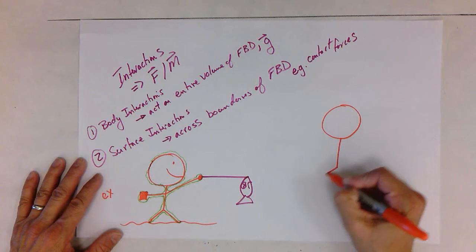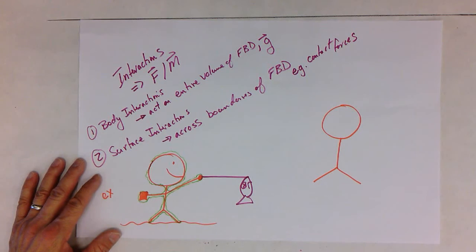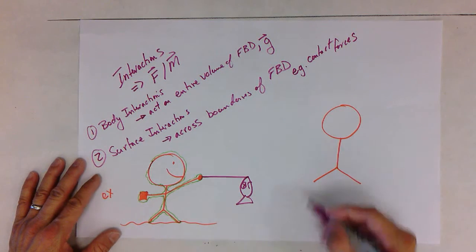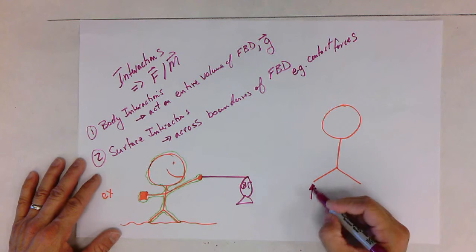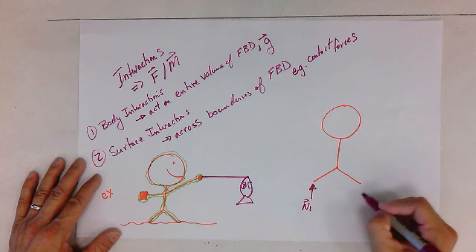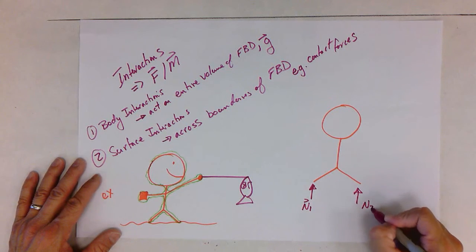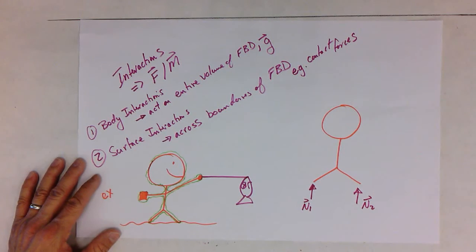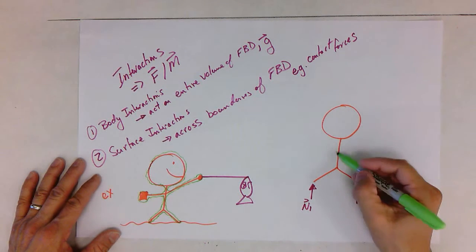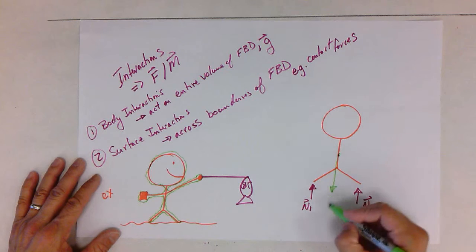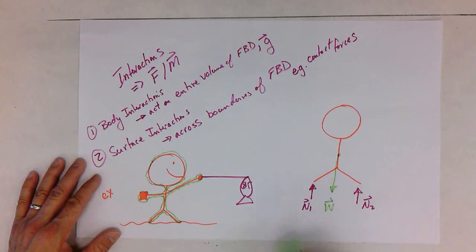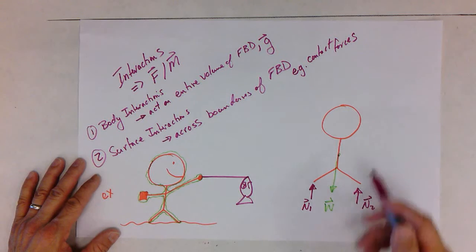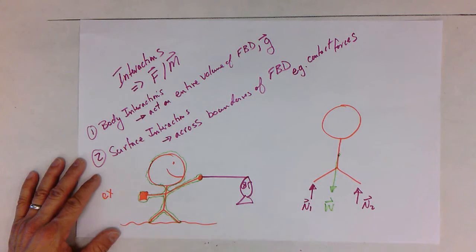We have the body, right? There's a contact force that he's interacting with from the ground. Right. There's a body force, his weight. Now, what else is acting on Mark? So his hand, let's draw his hand in here.